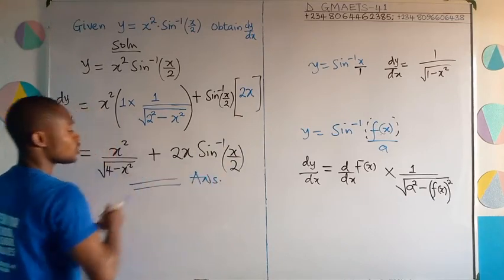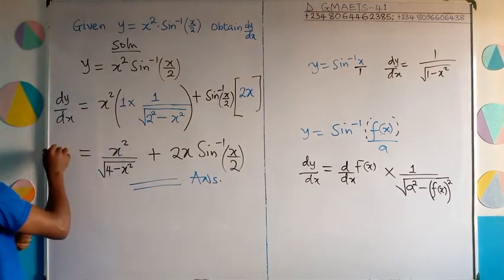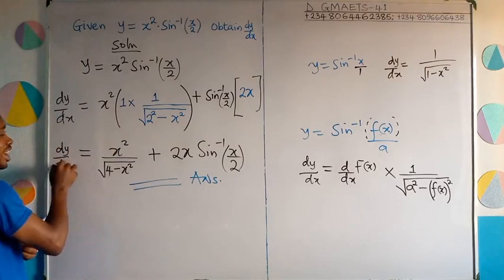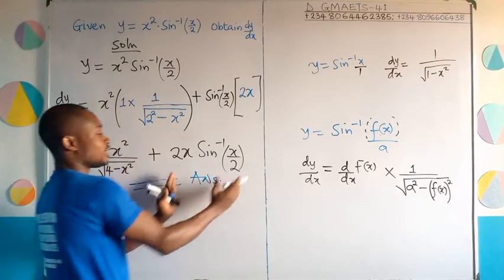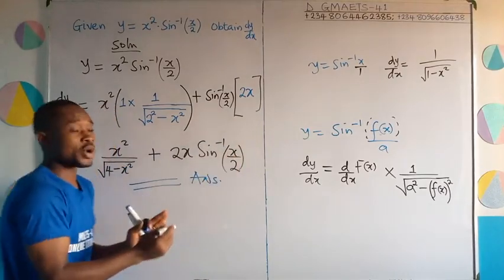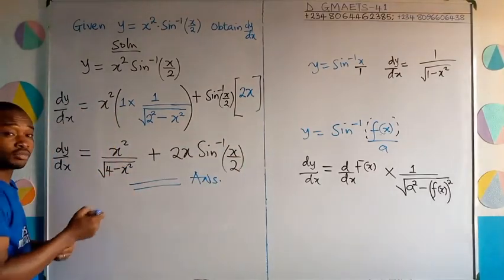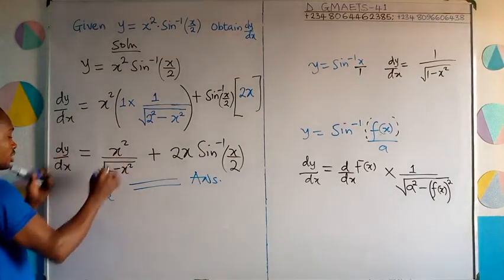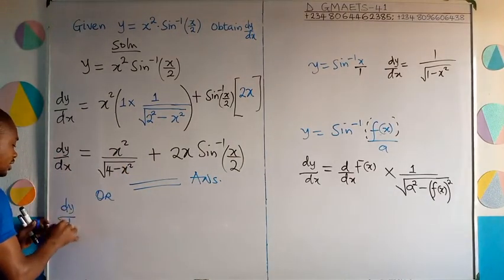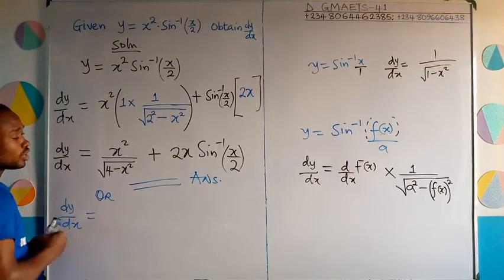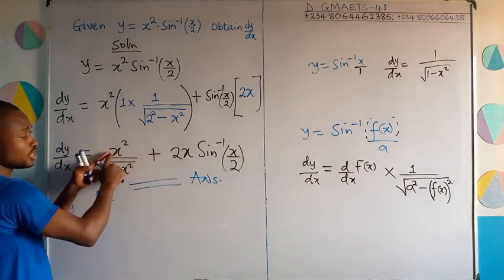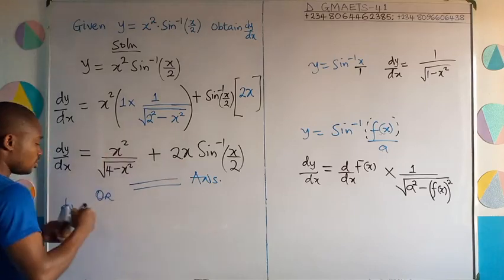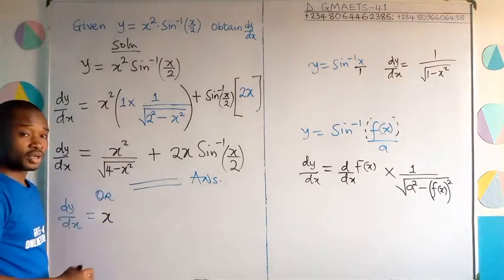This is my answer. If I want to do any further simplification, like saying there is something common to this term, and that thing is also common here, so I can factorize it out. From what I am saying, I could still say that dy/dx is equal to, looking at this, you notice that x is common to both terms. This is x squared, this is x. You can pull out one of the x. Are you following, right?